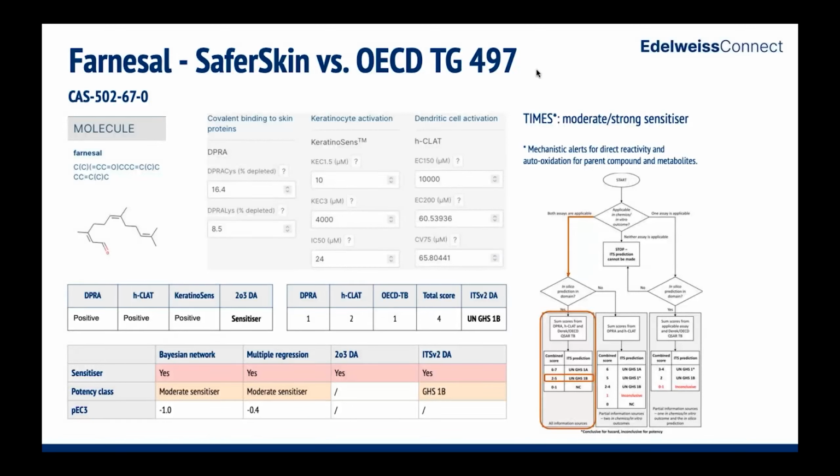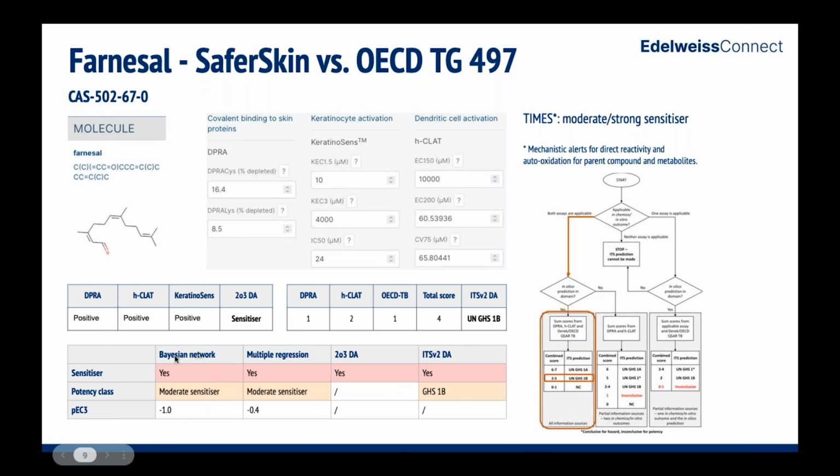A different approach which was used is within the SaferSkin app, and within the SaferSkin app there is a Bayesian network which can classify different chemicals into 4 different classes: not classified, weak sensitizer, moderate sensitizer, and strong sensitizer.